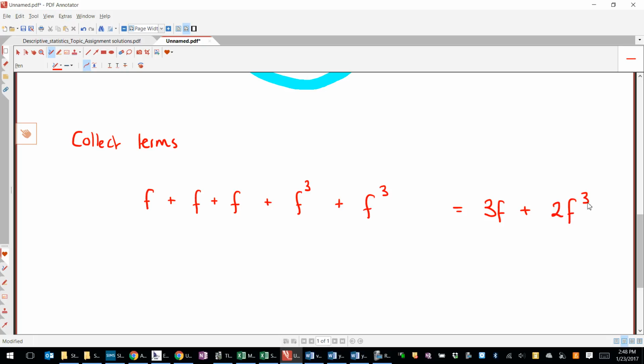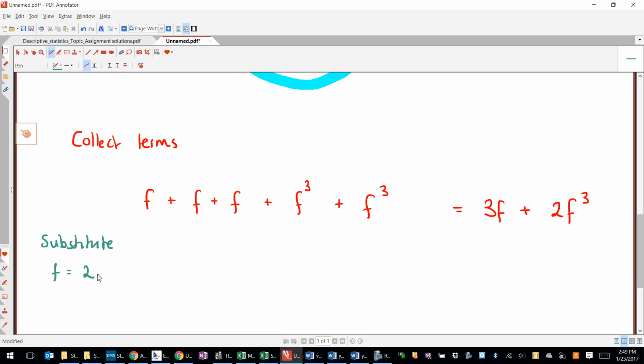Okay, now the reason is because f cubed is not the same as f. And I wanted to explain that today to maybe help people, so let's substitute f for 2. So anywhere there's an f, we put a 2. And let's see what happens.